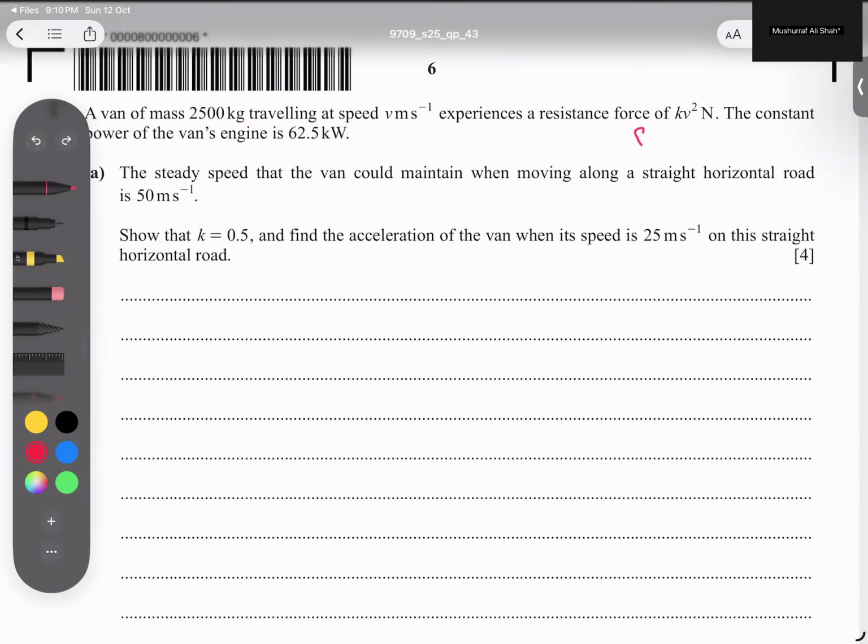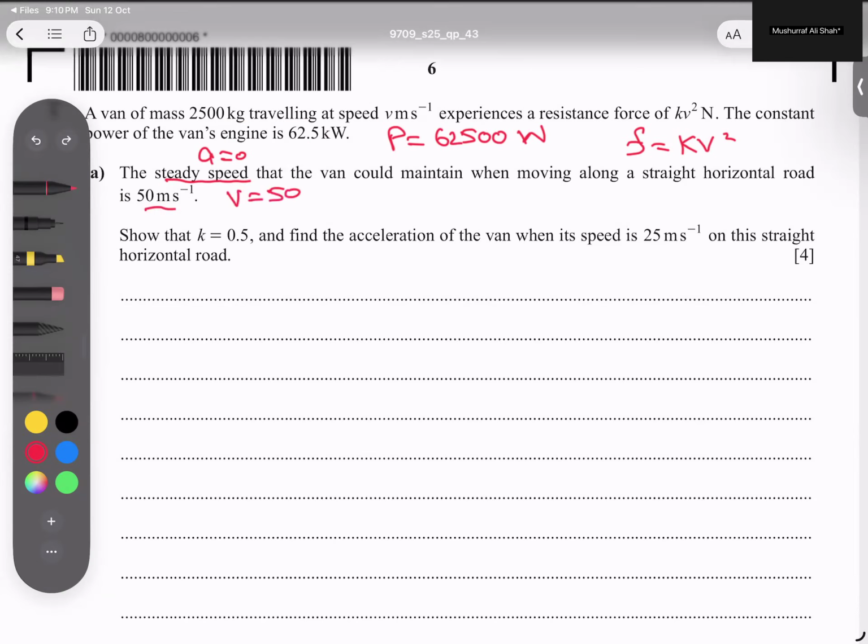So frictional force is kV squared and power is 625 kilowatts, so 625 and 2 more zeros because multiply by 1000. Best way to write like this. Steady speed means acceleration is 0. The steady speed of the van when moving along a straight horizontal road is 50. We have to show k is equal to 0.5.